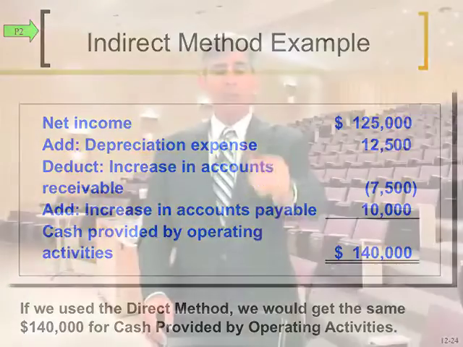So we would also do the same for the investing section and for the financing section to calculate our full statement of cash flows. Those two sections I'm not going to cover here in the comments because they're covered in the other PowerPoints.